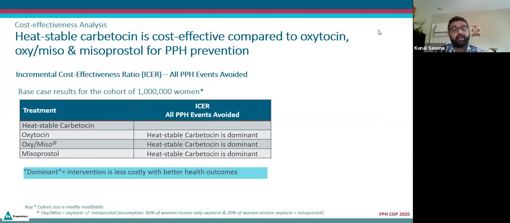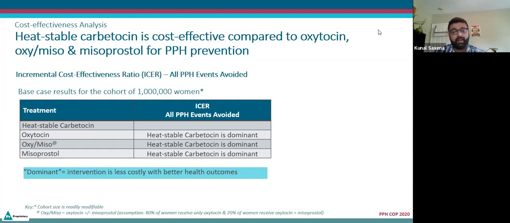Now finally looking at the ICER results, which is the primary outcome of this analysis. As we saw from the cost and effectiveness outcomes in this base case, in this scenario where we are looking at 1 million women in India who undergo treatment with either of the 4 uterotonic options, heat-stable carbetocin was found to be dominant against the other 3 options.